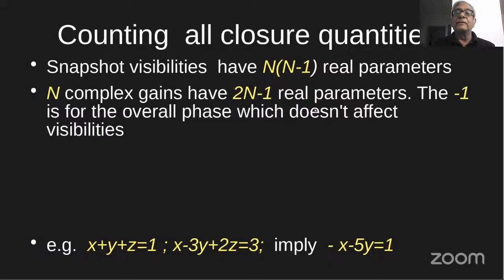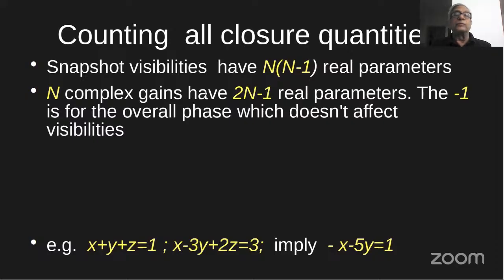And the reason to remove that one is, if you think of these complex numbers multiplying the electric field at all the antennas, the scalar electric field, because only one feed, only one polarization, then you can shift all the complex numbers by a common phase, and that will not affect the visibilities.